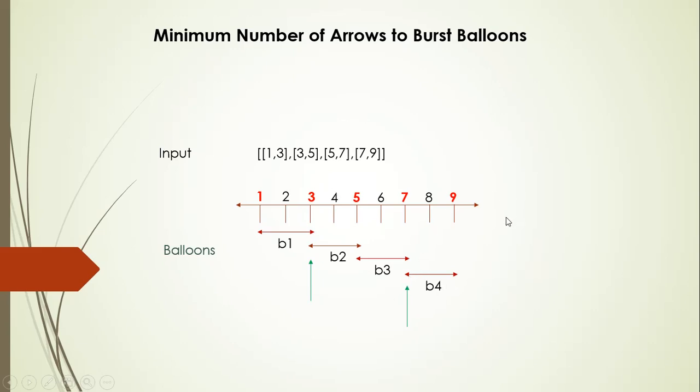The intersection point for the first and second balloon is 3. If you pass one arrow at that point, you burst the first two balloons. Again, the third and fourth balloons intersect at 7. You can pass another arrow at point 7, so you can burst these two balloons.